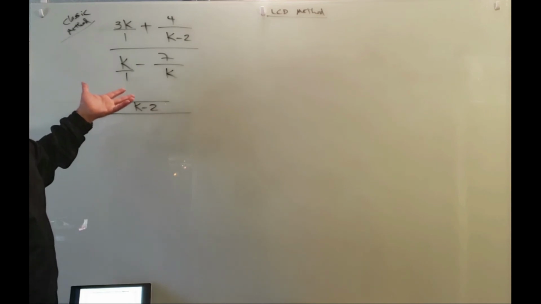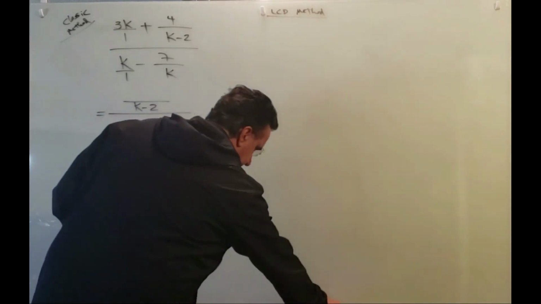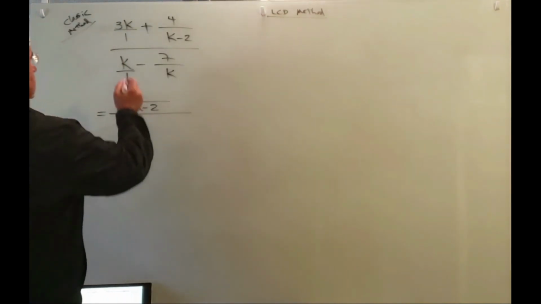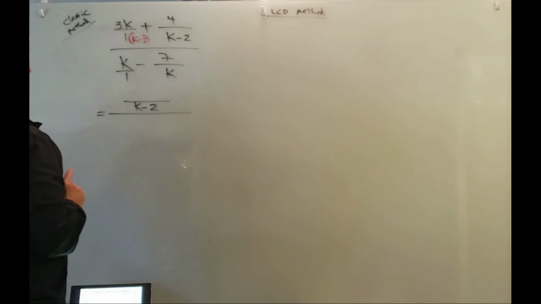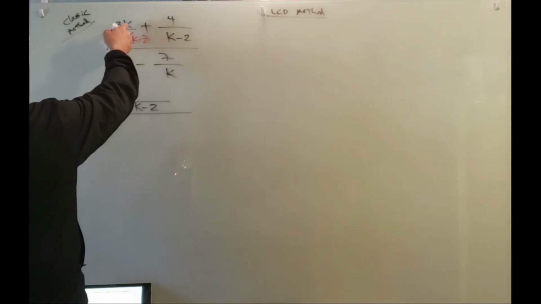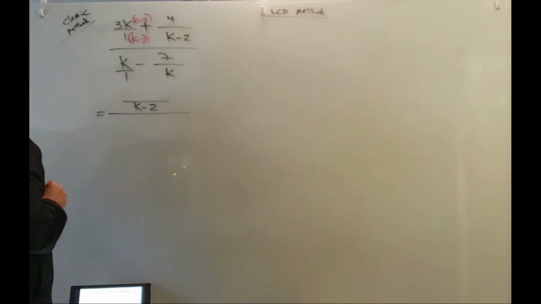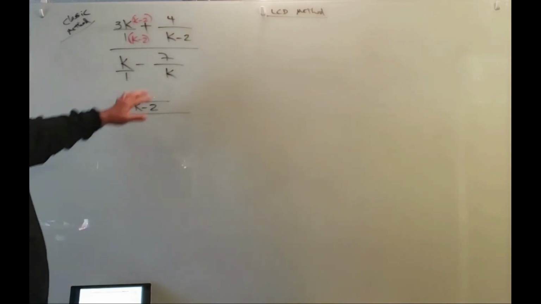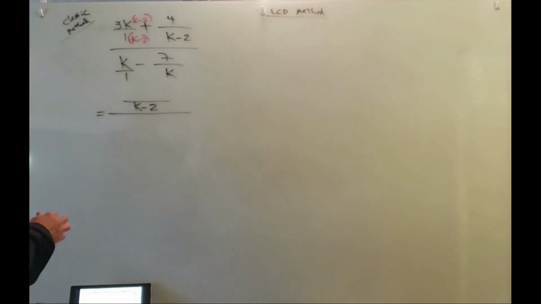That's going to require us multiplying by k minus 2. So that's what we'll do. Use a pen that might be easier to see for you. So we multiply by k minus 2. And don't forget, whatever we do down here, we have to do on the top as well. So we multiply by k minus 2. And this one is already k minus 2, which is the LCD. We don't need to do anything with that one.